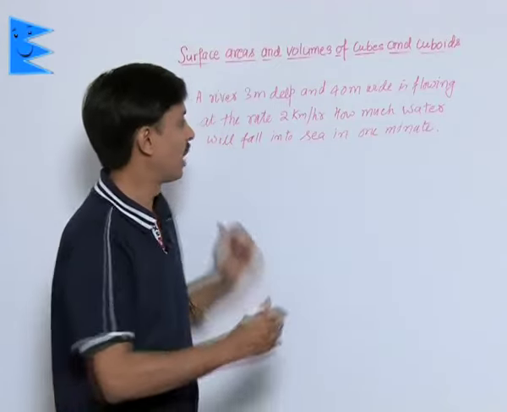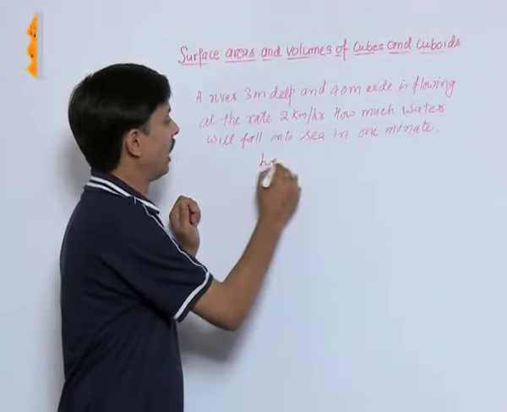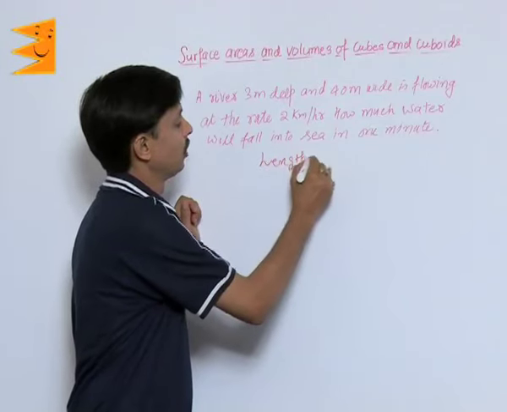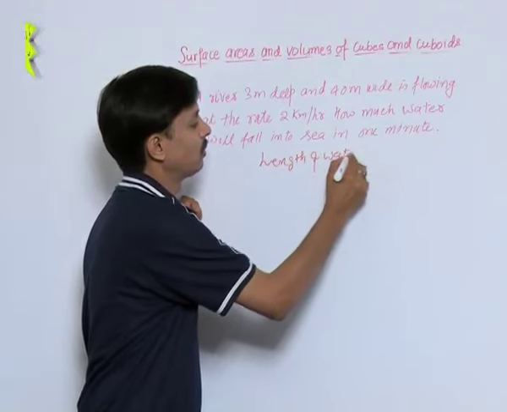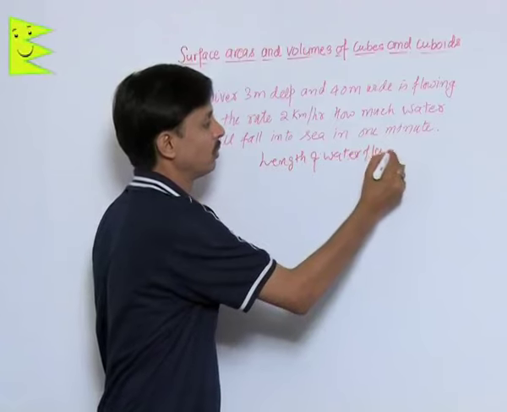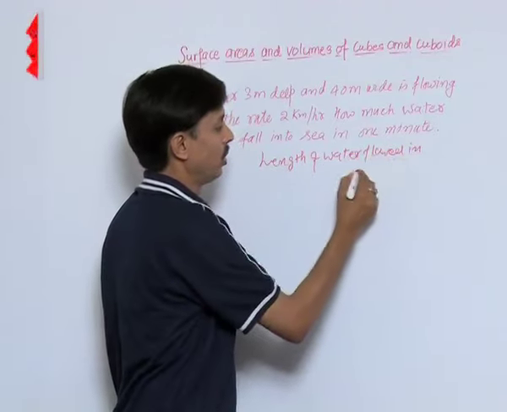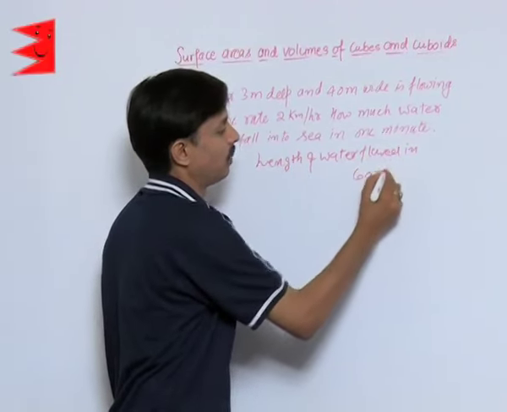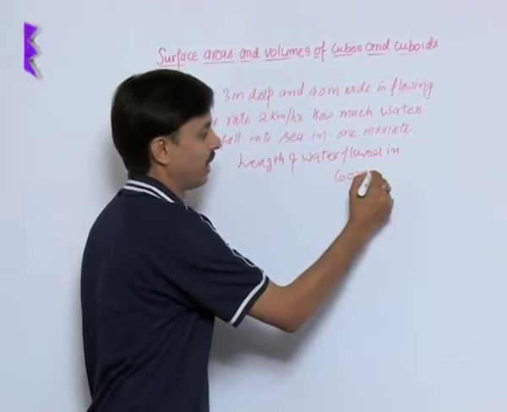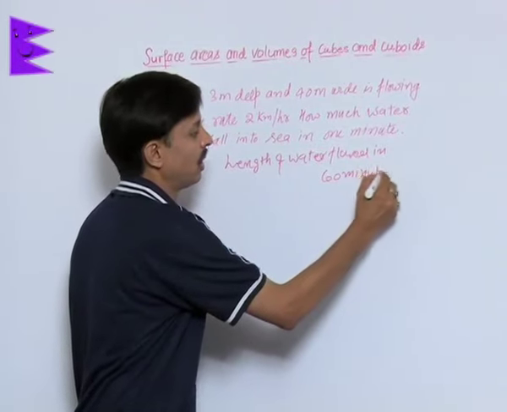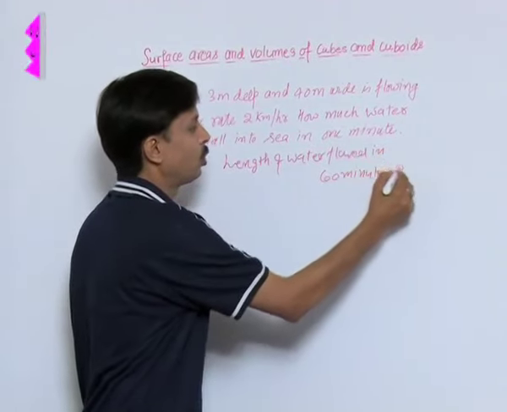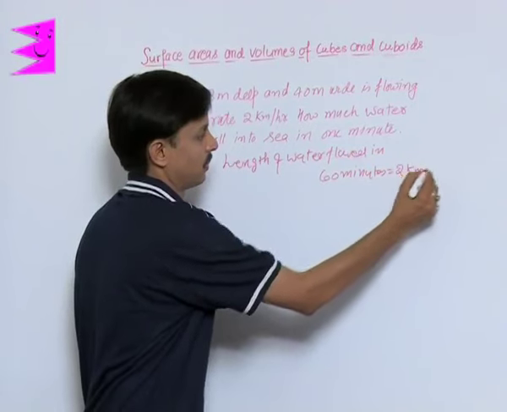So first of all, length of water flowed in 60 minutes. In place of 1 hour I can write 60 minutes, and it is how much? 2 kilometers.